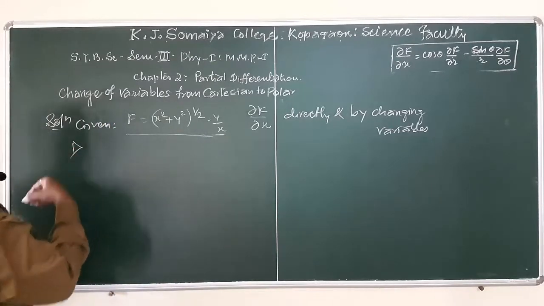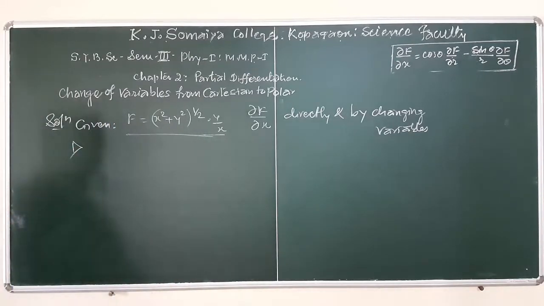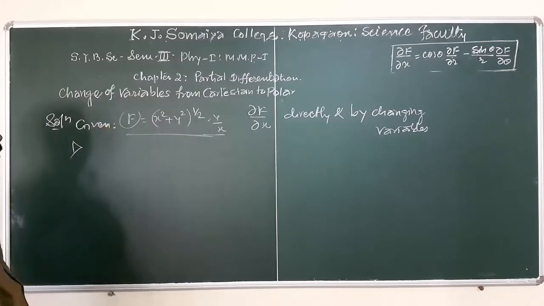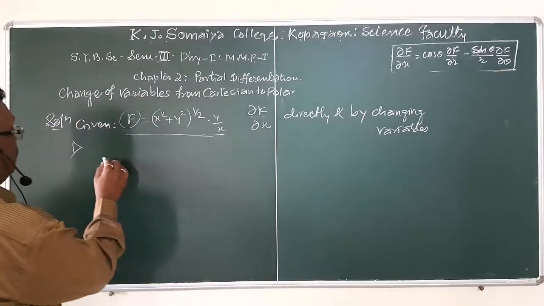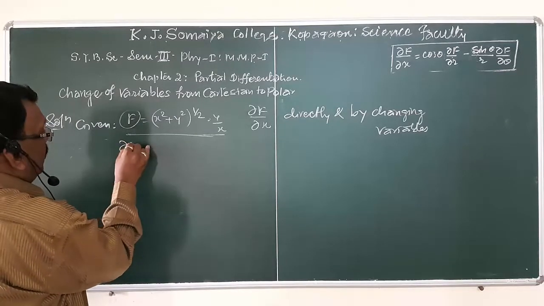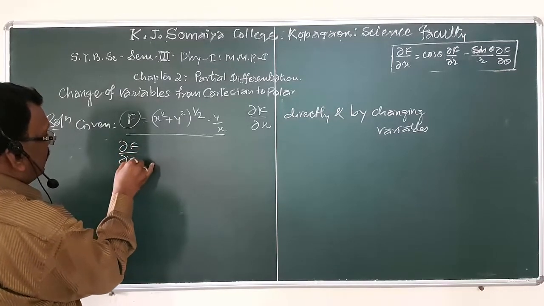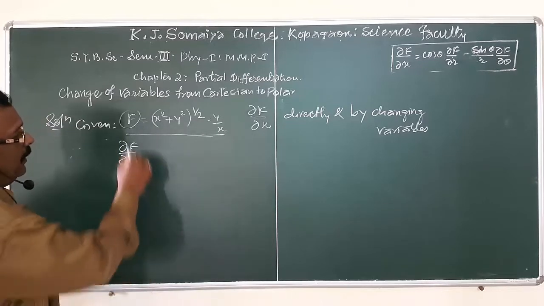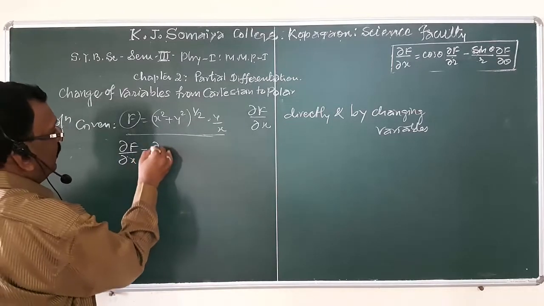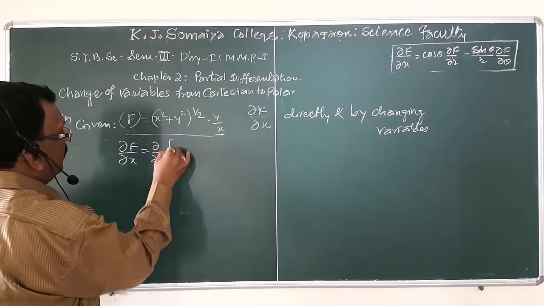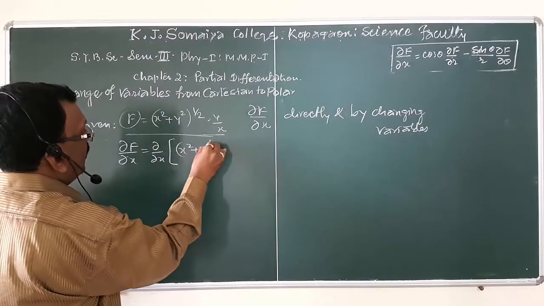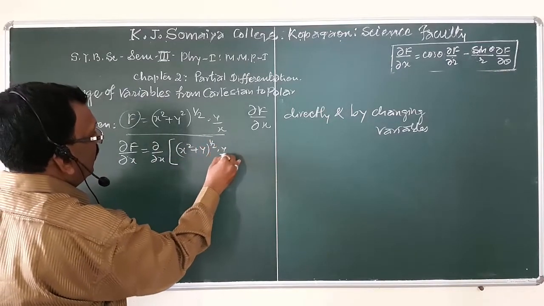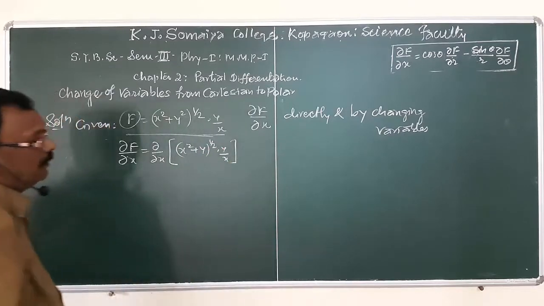First, we are going to obtain the derivative of this function directly. Therefore, ∂f/∂x, take the derivative of this f with respect to x. We have ∂/∂x of (x square plus y square) raised to 1/2 into y by x.